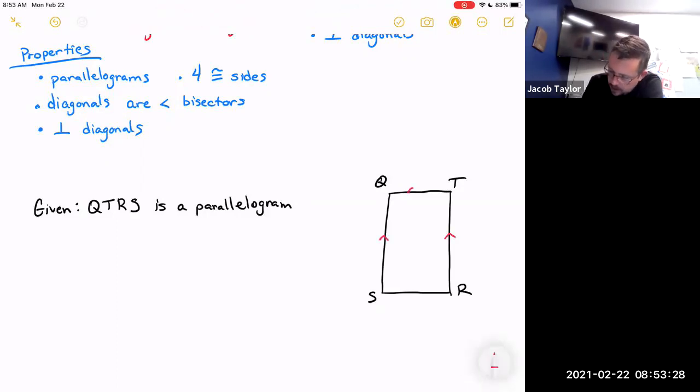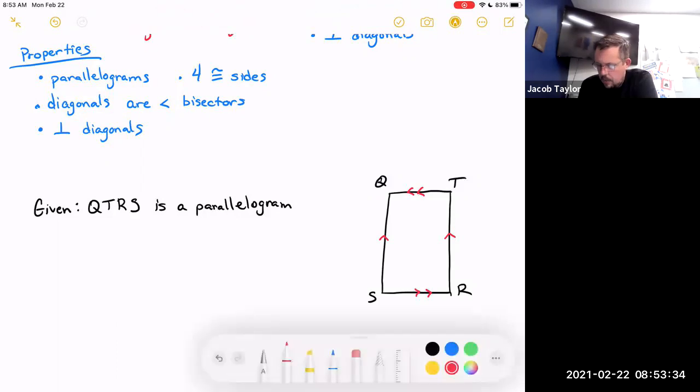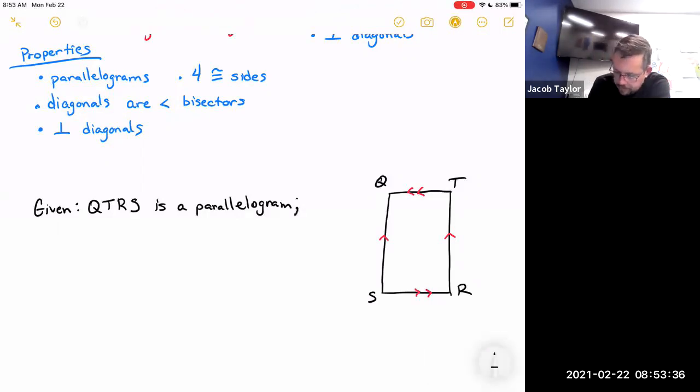Parallelogram means opposite sides are parallel. And we're going to say also that one of these angles, angle T, the measure of angle T, is 90 degrees.